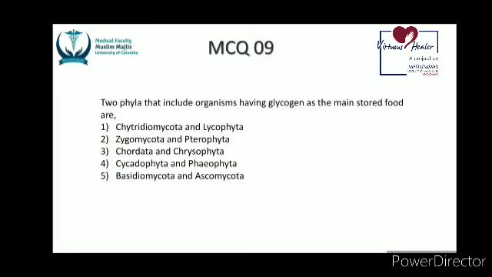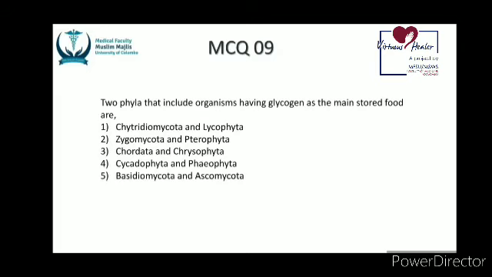Question number 9. Two phyla that include organisms having glycogen as the main stored food. Now, glycogen is the main stored food in animals as well as in fungi. Let's have a look at the 5 statements. Statement 1, Chytridiomycota and Lycophyta.